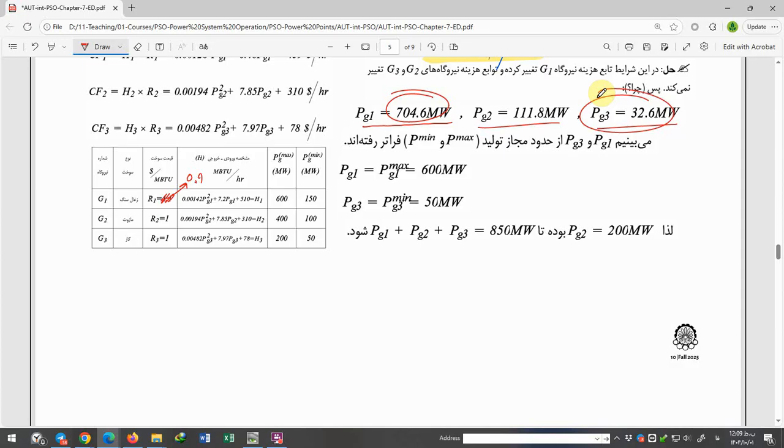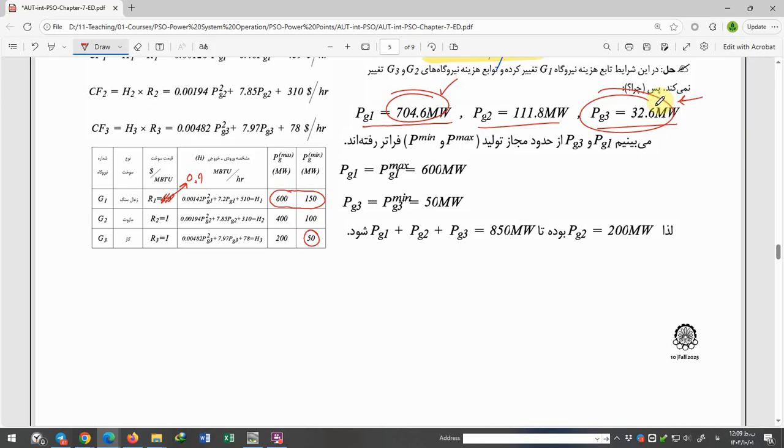They exceed the limits from that table. The PG1 maximum is 600, but we get 700, and the PG3 is limited to minimum of 50 megawatt, but we get 32 megawatt.